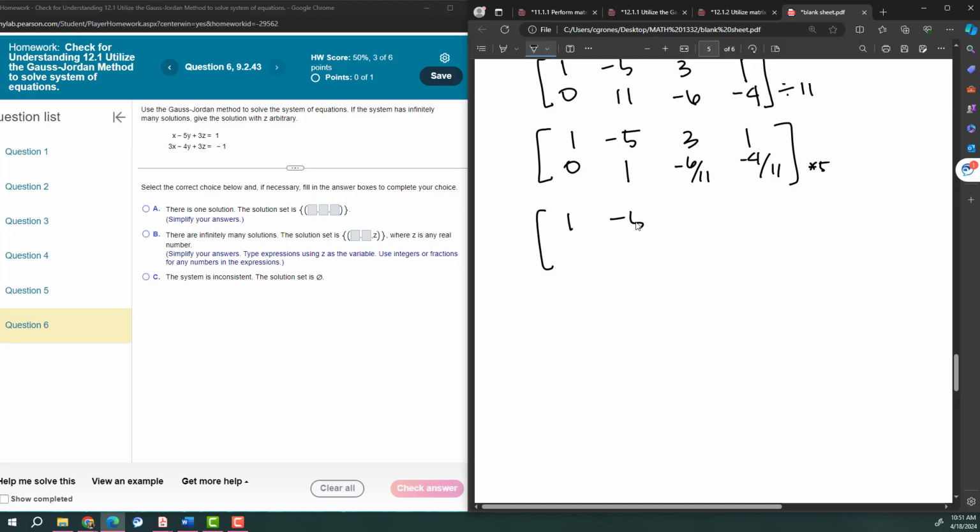So 1, -5, 3, 1. Multiplying by 5. 30 over 11, and then -20 over 11. And then I can add row 1 and row 2, and we get 1, 0.